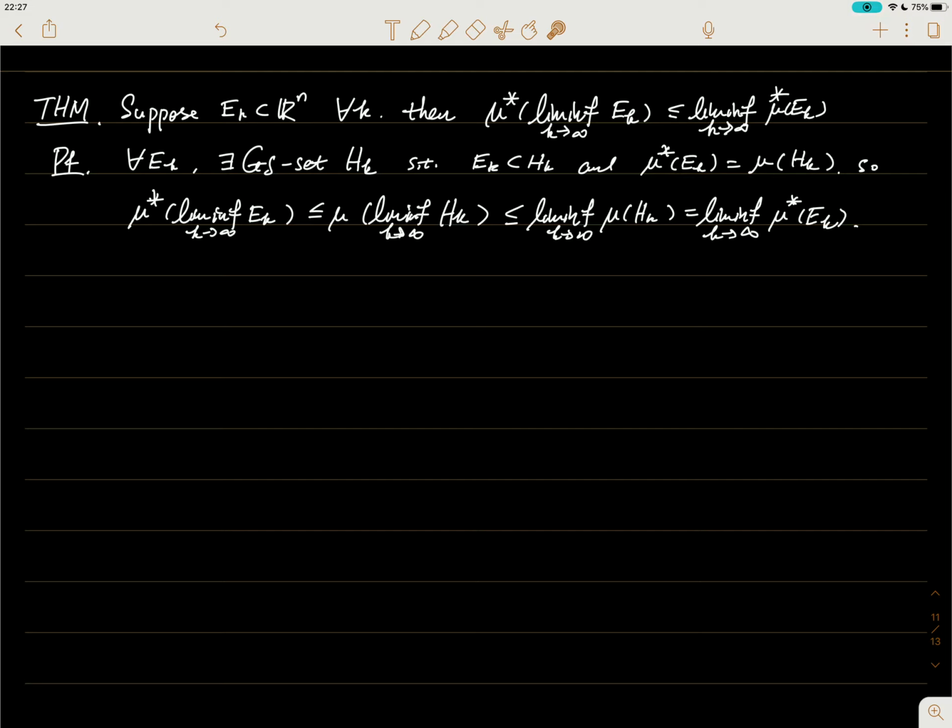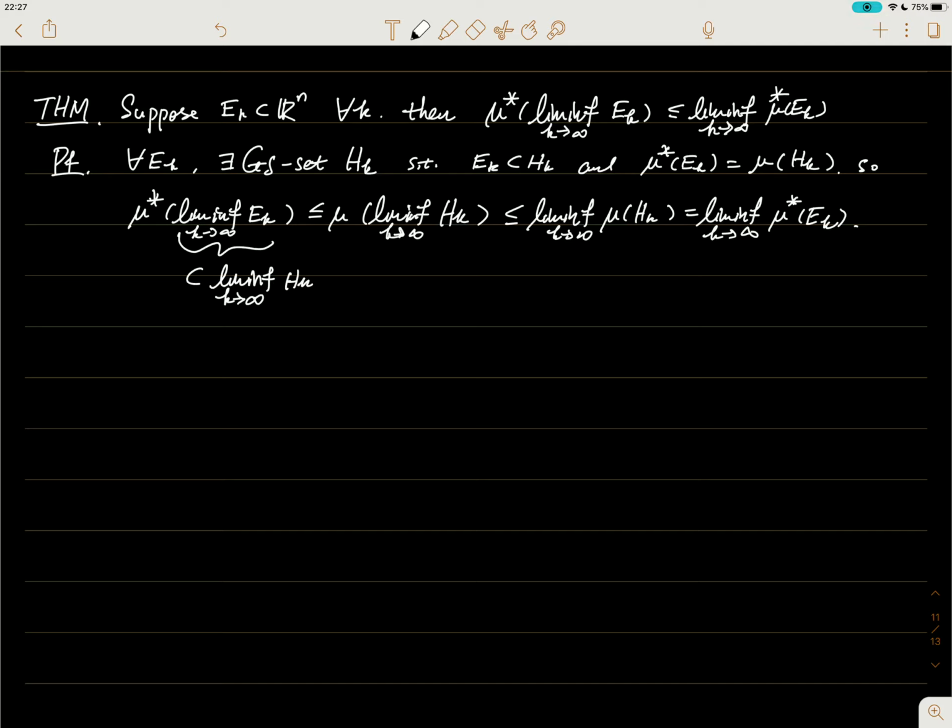And in this case, since E_k is contained in H_k, the lim inf of E_k itself will be contained in the lim inf, the lower limit of H_k. Right? The reason is E_k is contained in each corresponding H_k. So that's why the lim inf is also contained.